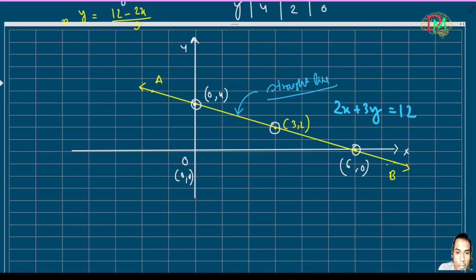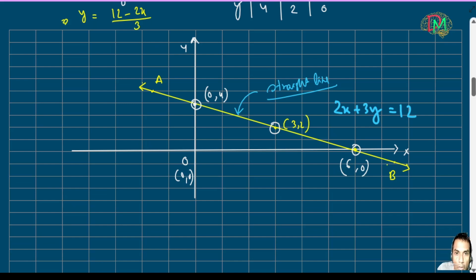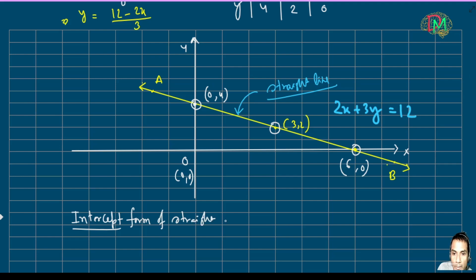Although it is not in your syllabus, for your advanced knowledge only, you should remember this intercept form of a straight line: x by a plus y by b is equal to 1.